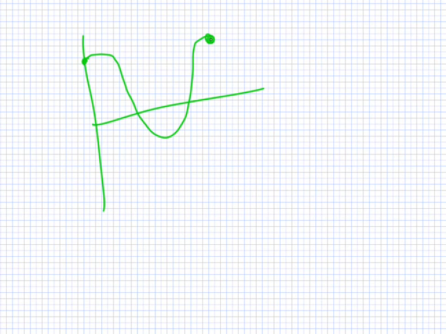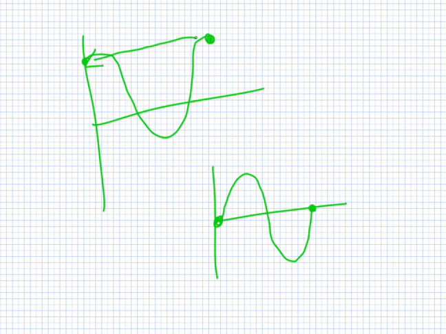Cos goes from maximum to maximum, and sine goes from middle to middle. What is the distance for cos? Yes, you said it's 2 pi.